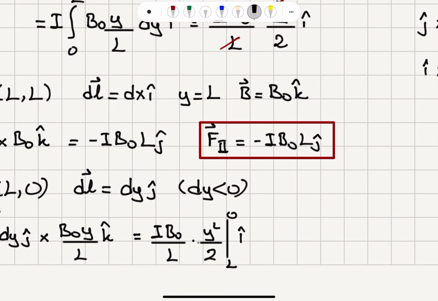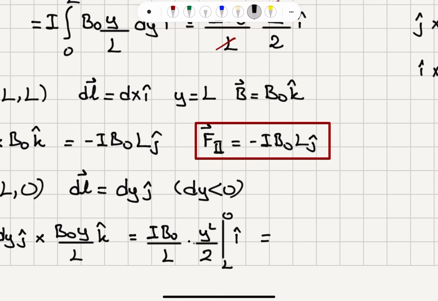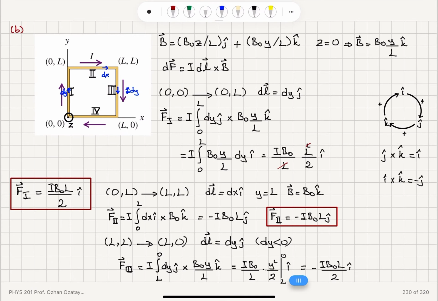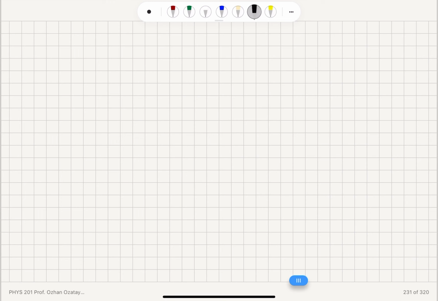This will give me minus I B0 L over 2 in the i hat direction, because this L squared over 2 will cancel with this L. All right. So let's keep this answer for the third segment.